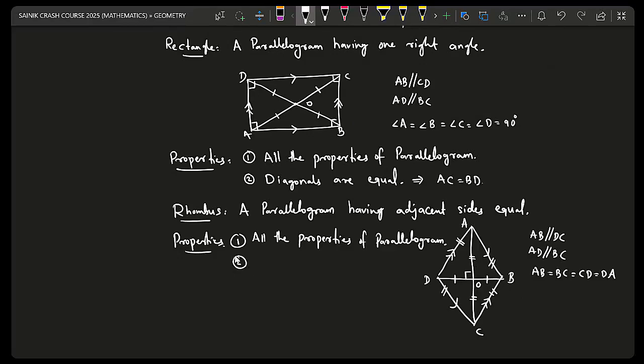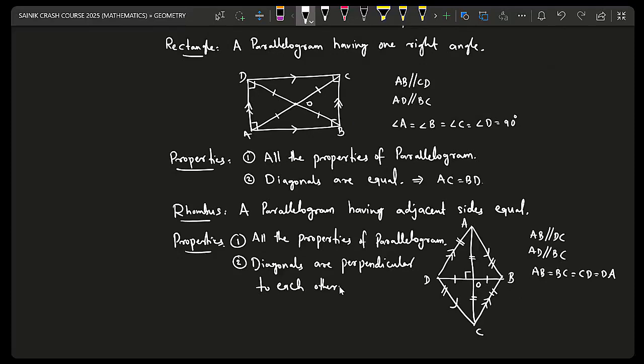So we can say diagonals are perpendicular to each other. You cannot see this in a parallelogram. In a parallelogram, the angle between diagonals may be 90 degrees or not, but in a rhombus, the angle between diagonals will be exactly equal to 90 degrees.